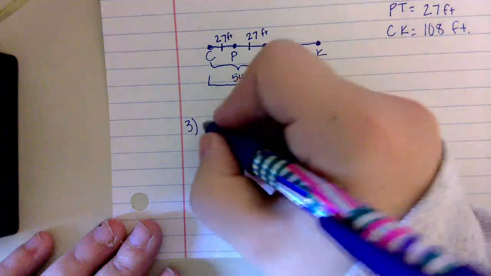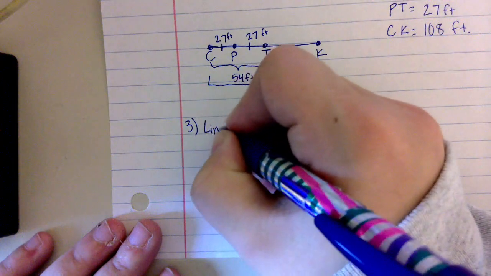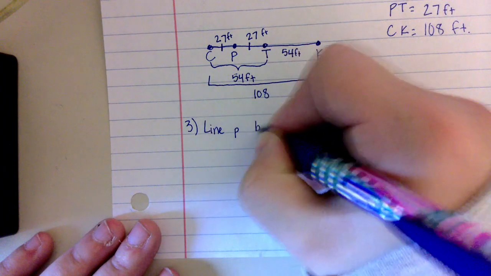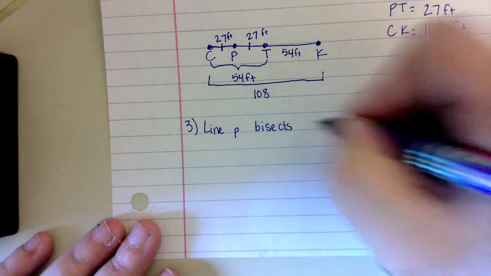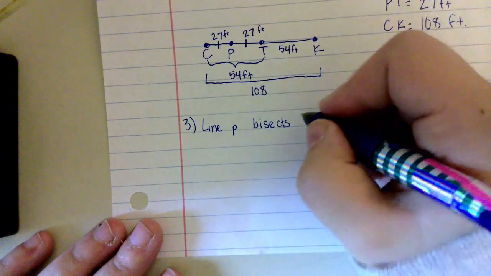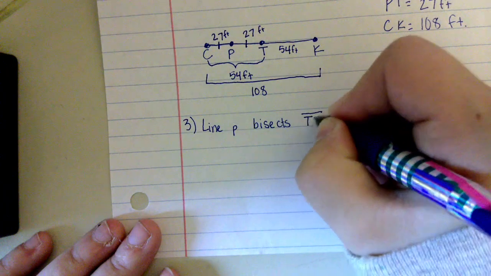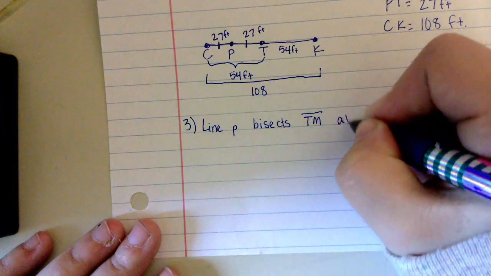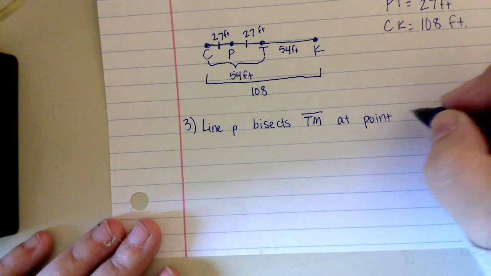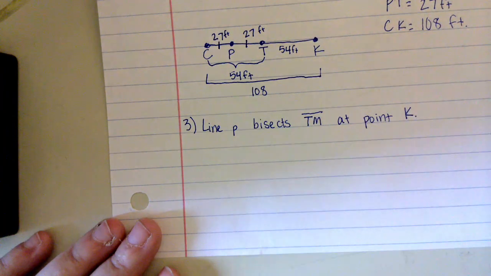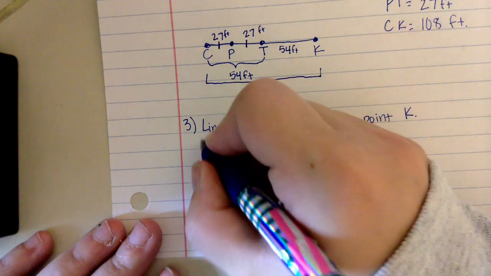So number 3 is line P bisects segment TM at point K. And we know FM is 7 meters.